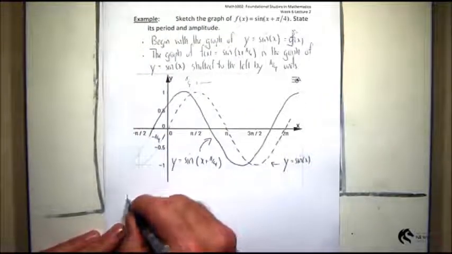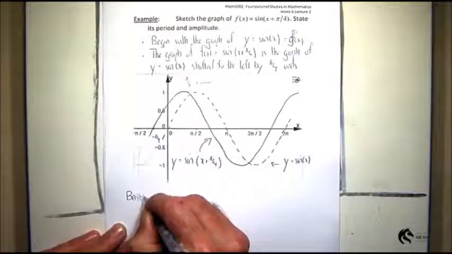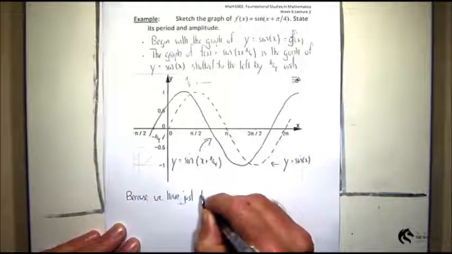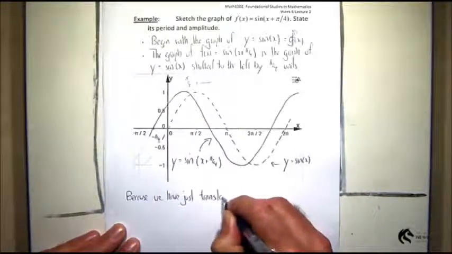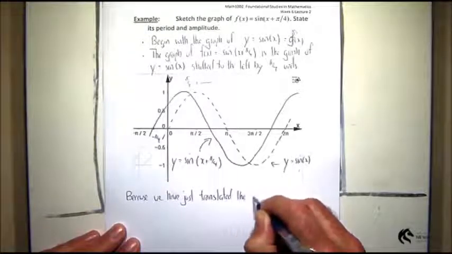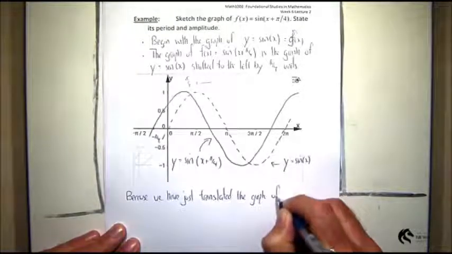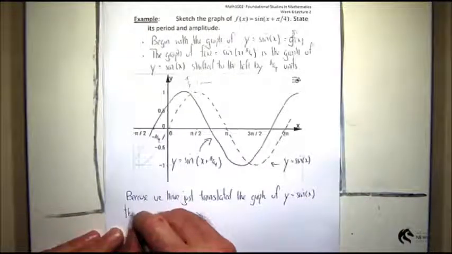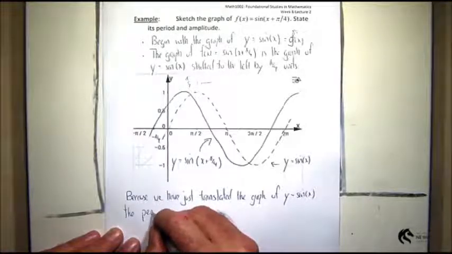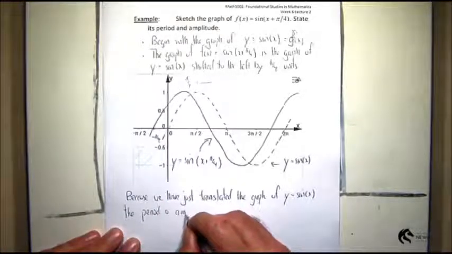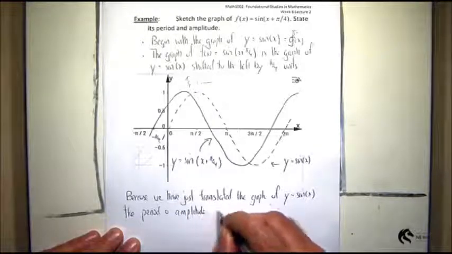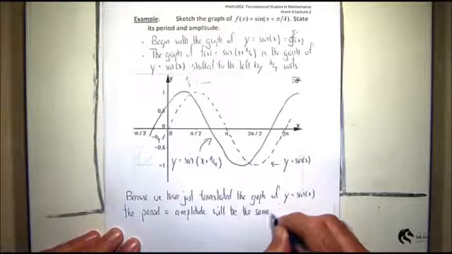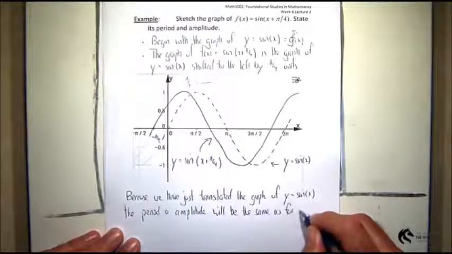I can just say, because we have just shifted the graph, I might use the word translated, the graph of y is equal to sine x, the period and amplitude will be the same as for y is equal to sine x.